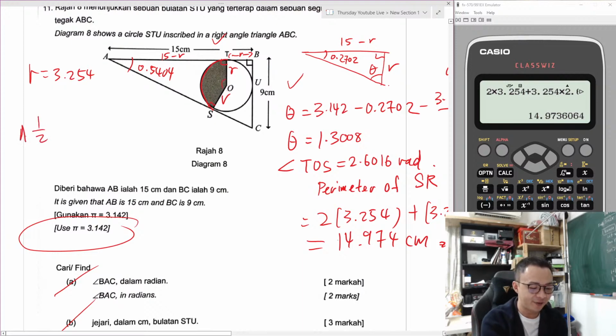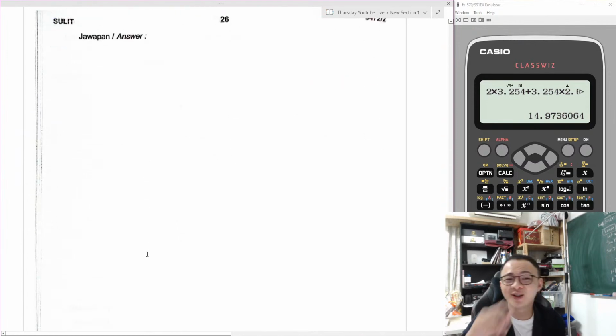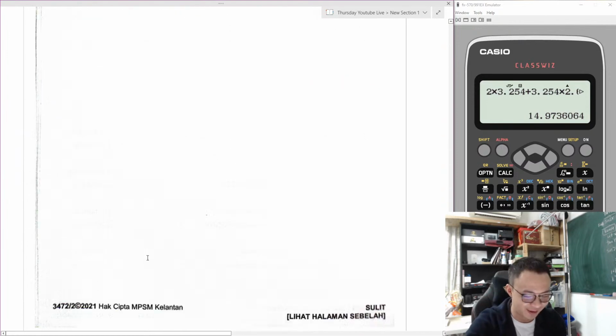Half R squared theta. Theta is 2.6016. Just type everything in your calculator, you will get the correct answer. This is the sector formula, half R squared theta. So yeah, that one is called cyclic quadrilateral.